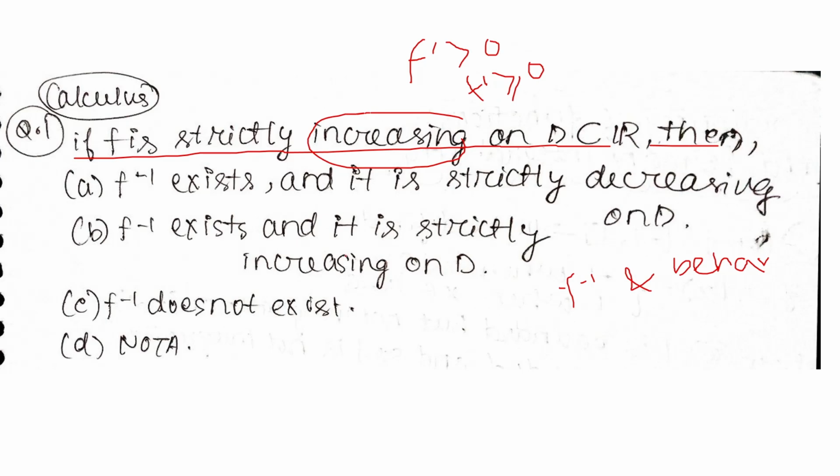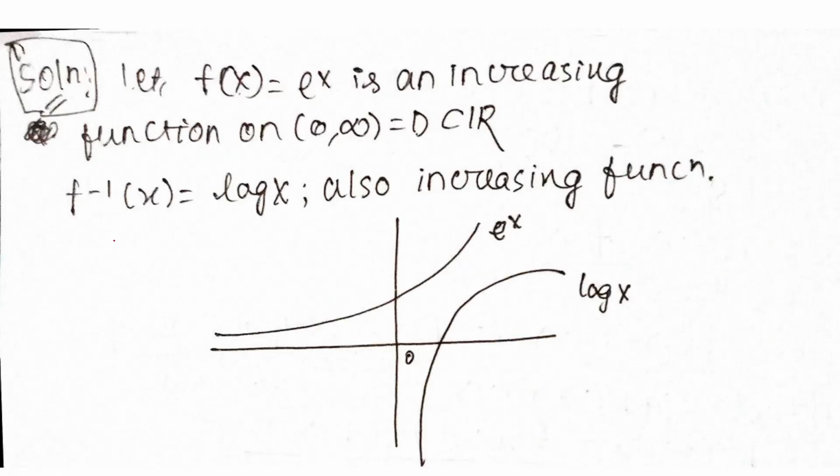So we'll try to assume f(x), given f(x) which is strictly increasing. For our convenience, we'll assume the f(x) value. Here f(x) is e to the power x, the exponential function, which is basically an increasing function.